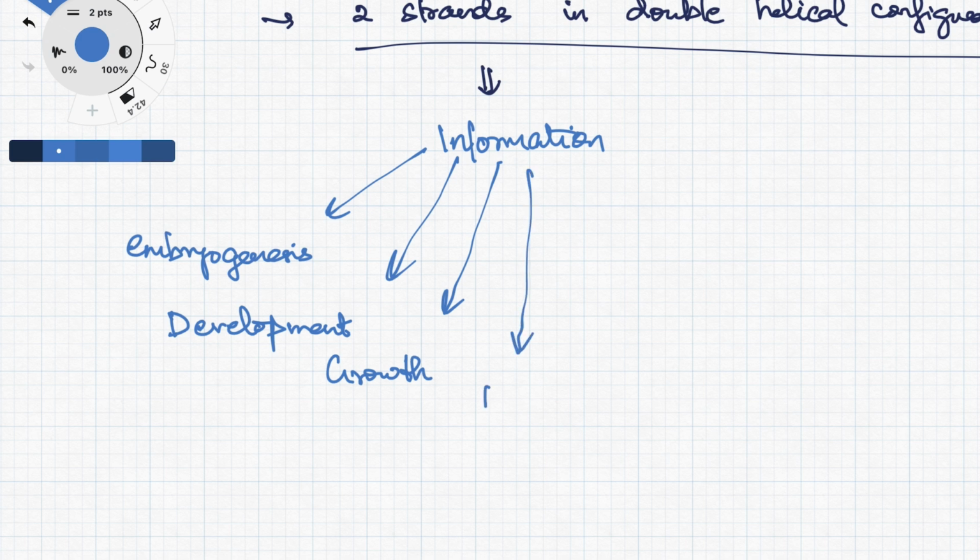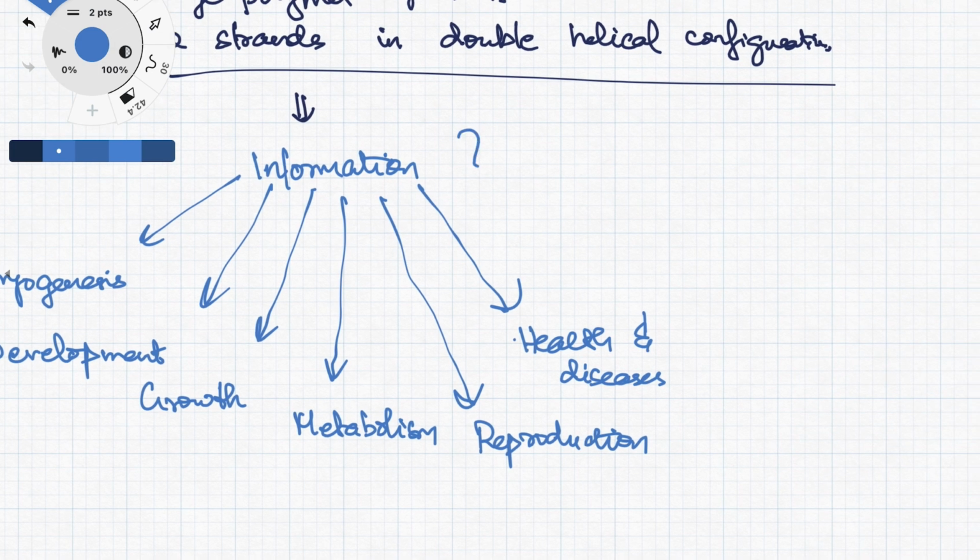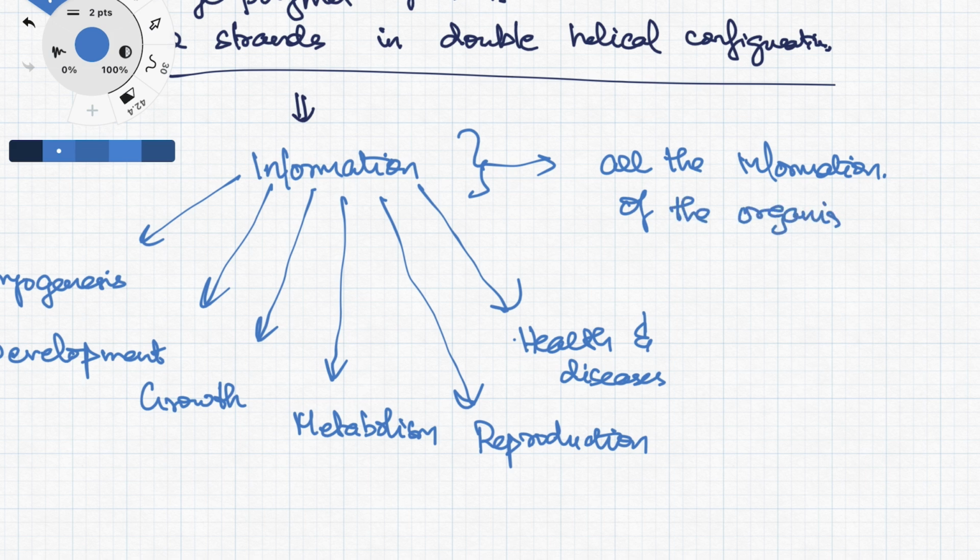It has information about all the metabolism that happens inside this organism. It has information about the reproduction. It also has information about all the health and disease of the organism. So essentially, this is a complete guide, and it has all the information of the organism. So each and everything about the organism is encoded in this DNA.